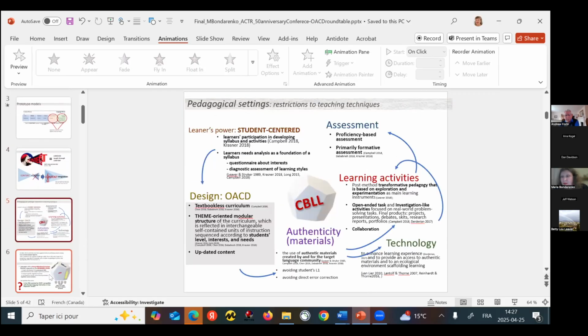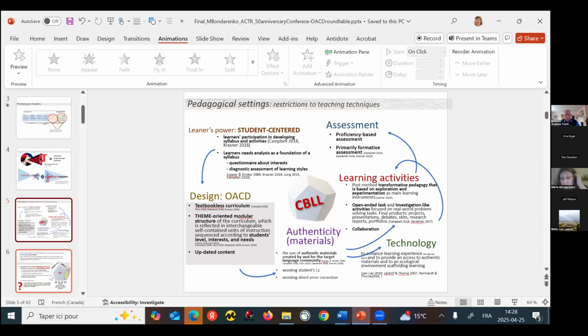I would like to remind you of the place of OA among other features related to content-based language learning. Among others, we can find it student-centered, with learners' participation in developing the syllabus and activities, which requires learners' needs analysis as a foundation of the syllabus.